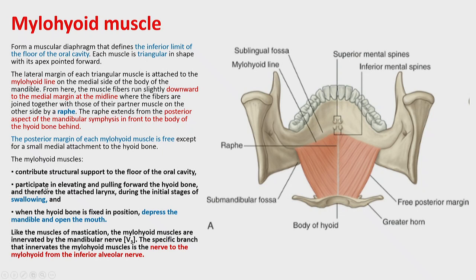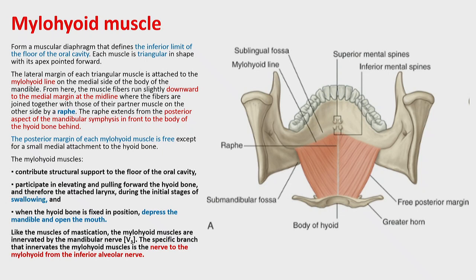They also participate in elevating the hyoid bone, because they are pulling the hyoid bone. It depends: if the mandible is fixed, the hyoid bone is going up. If the hyoid bone is fixed, the mandible is going down. And this is important for phonation and also for swallowing.